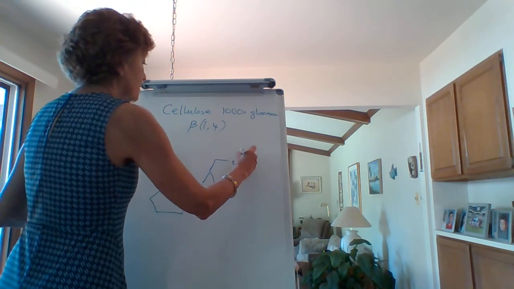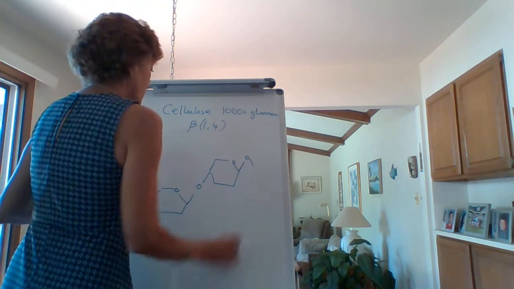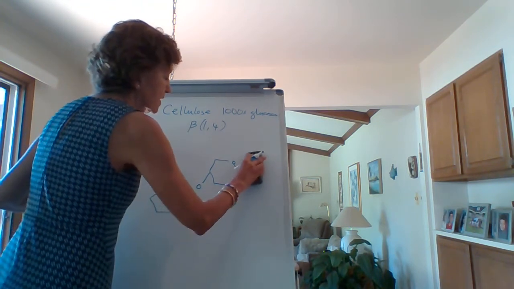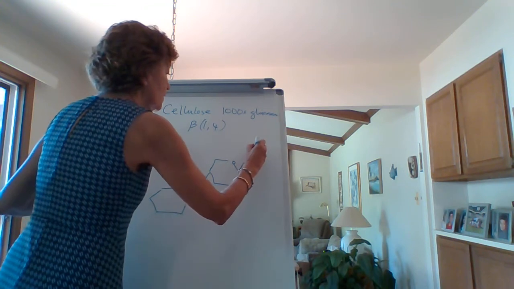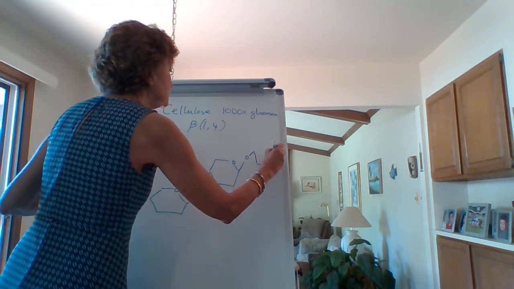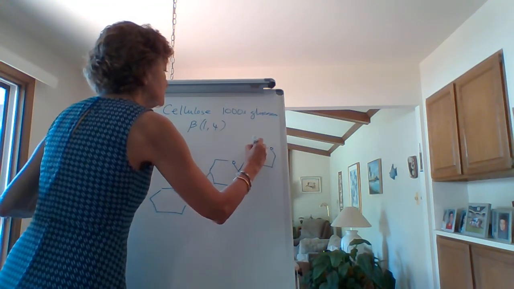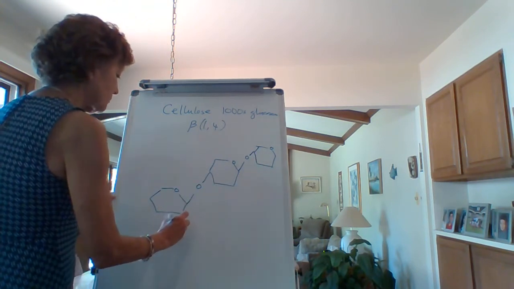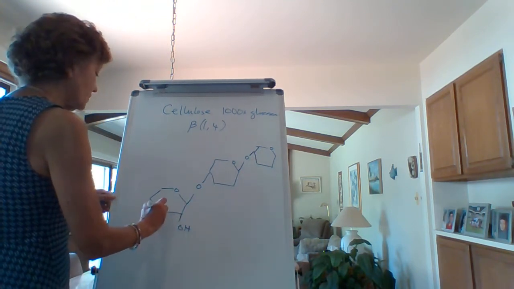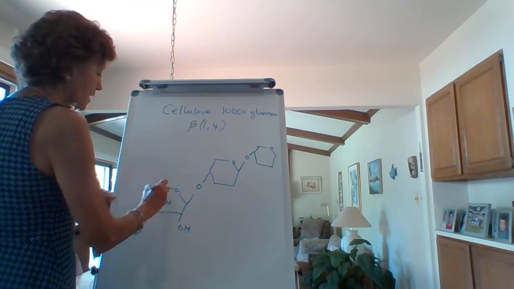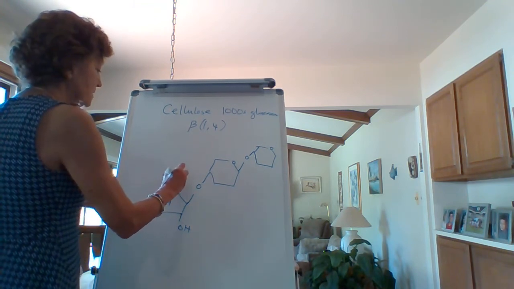All right, there we go. Hold on a second. Here we go. All right, let's fill it in properly. OH at carbon 2 going down, OH at carbon 3 going up. Here's carbon 6.